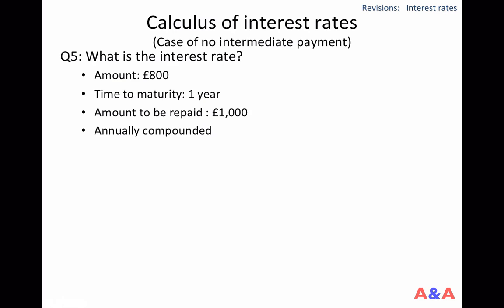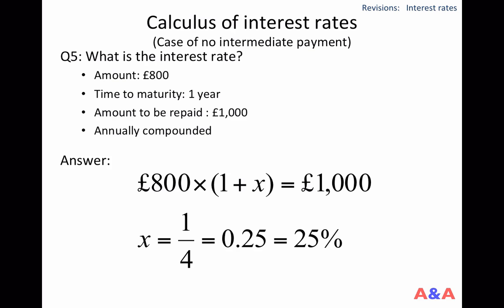Now it's asking the interest rate. This is the equation you're supposed to give. You borrow £800 today, so £800 times 1 plus the unknown interest rate, x, should be equal to the amount to be repaid, £1,000.